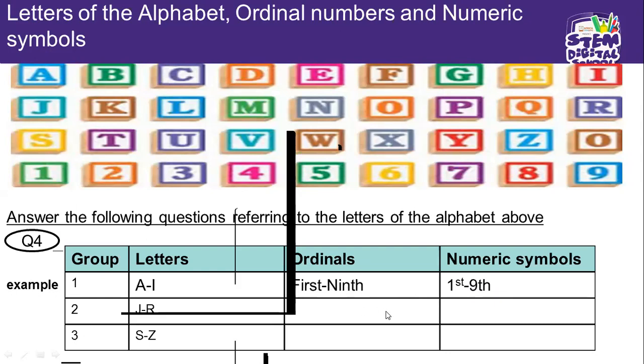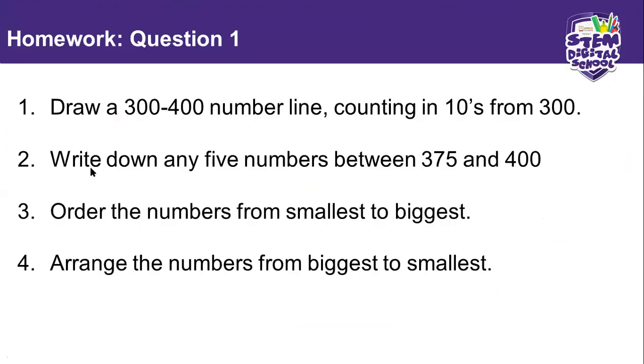Right, that's great. Sure, our time is fast running out. Let us see what we have. And then we do have some homework that you can snap quickly. Okay, so there is our homework. Please take a snapshot of it. It says draw a 300 to 400 number line counting in tens from 300.